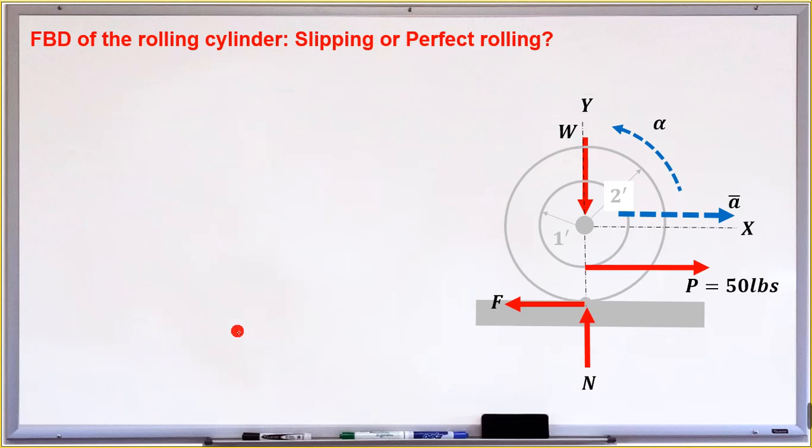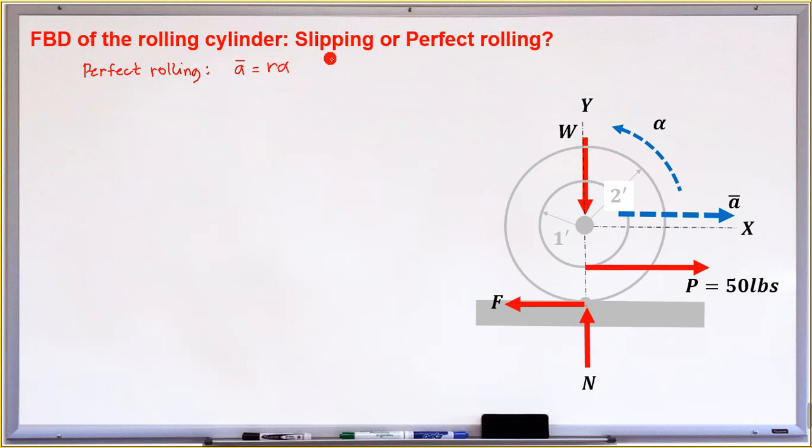Okay. So next, let's determine if slipping or perfect rolling. For perfect rolling, this equation will apply, no? The linear acceleration of our rolling cylinder is equal to the radius times the given angular acceleration.